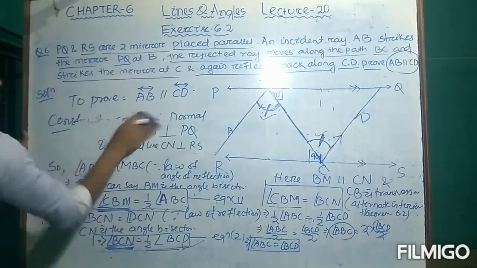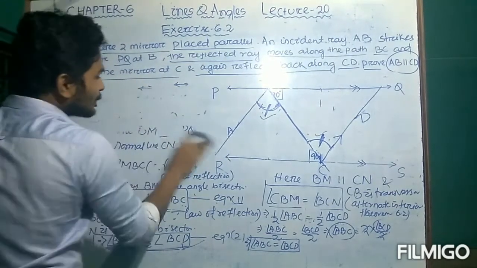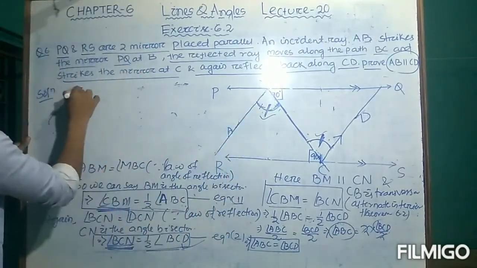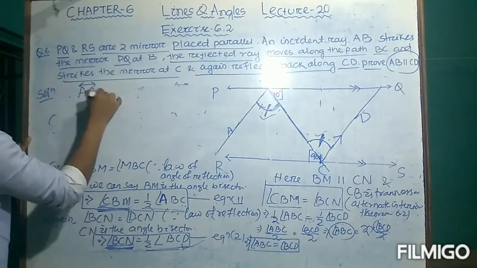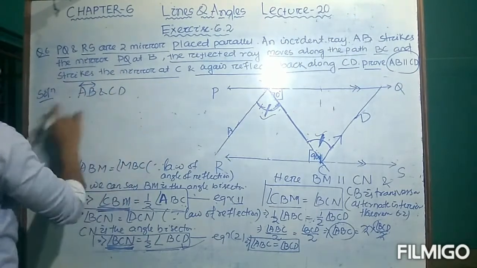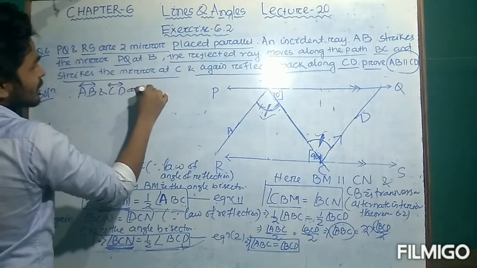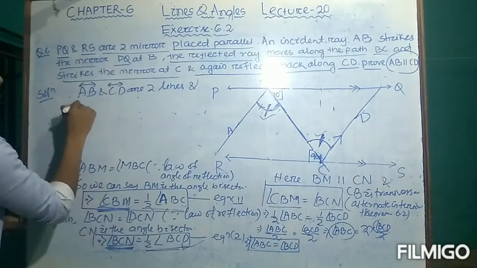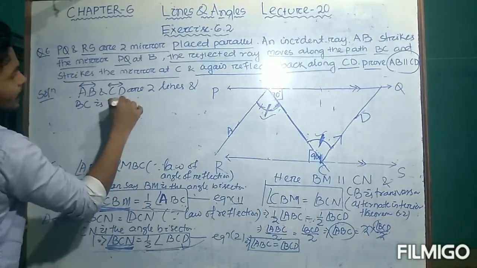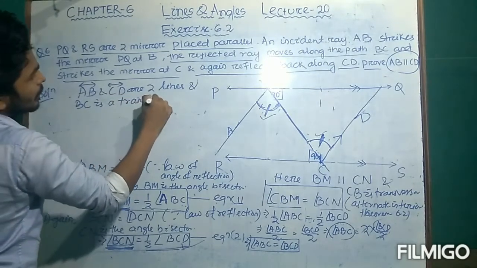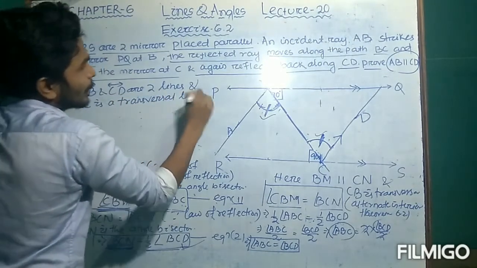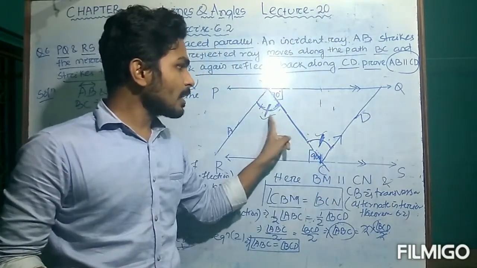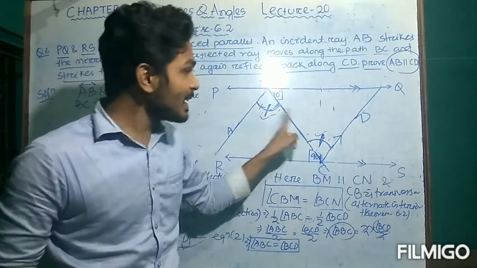Okay, so let us write it. AB and CD are two lines and BC is a transversal line. So if it is a transversal line, then these two angles are alternate interior angles.